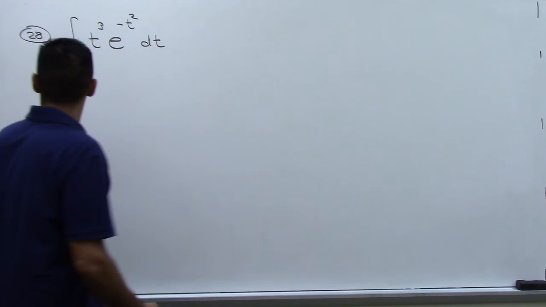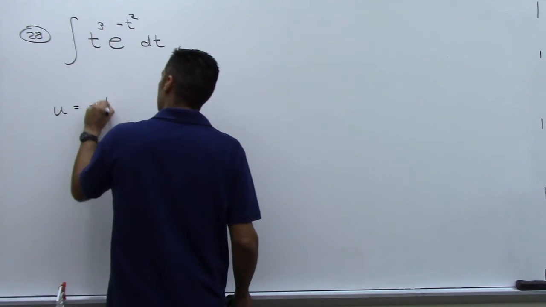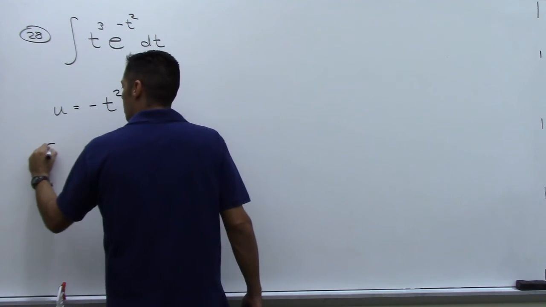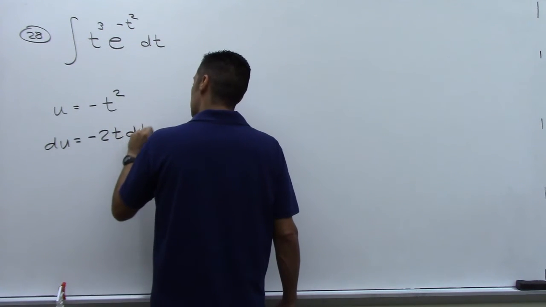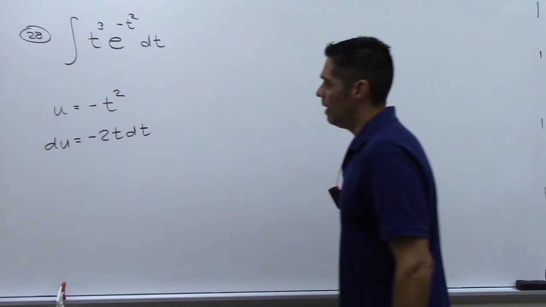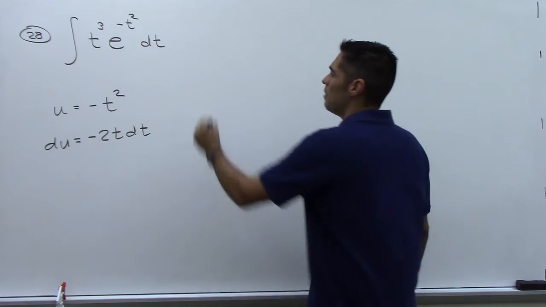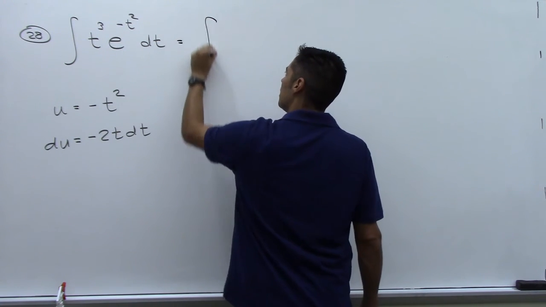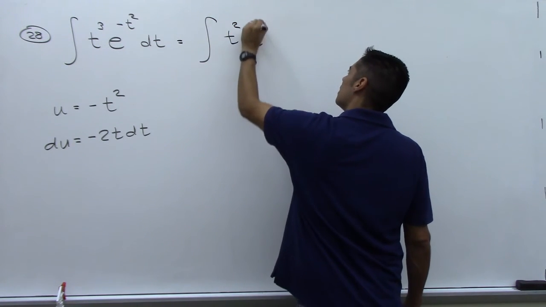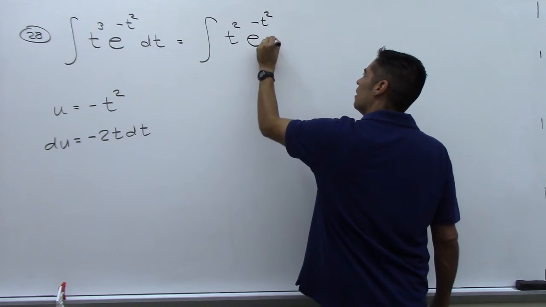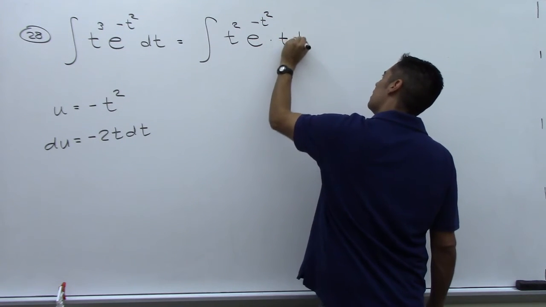So let's try that. Basic substitution, let negative t squared be u. du would be negative 2t dt. Let me rewrite this so we can see that we actually had that. That's t squared e to the negative t squared times t dt.